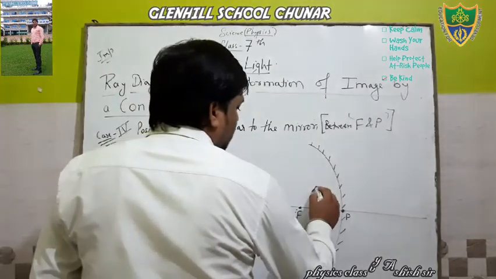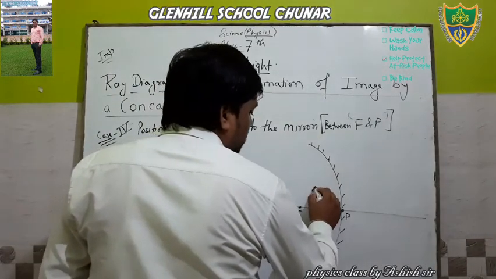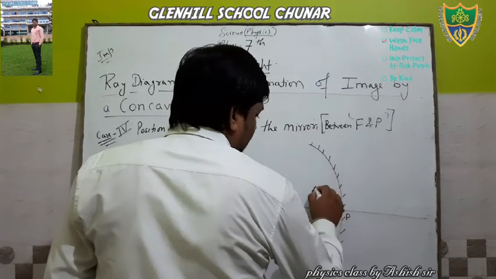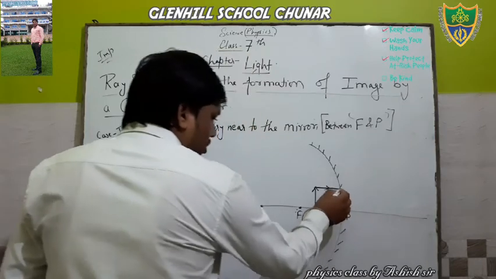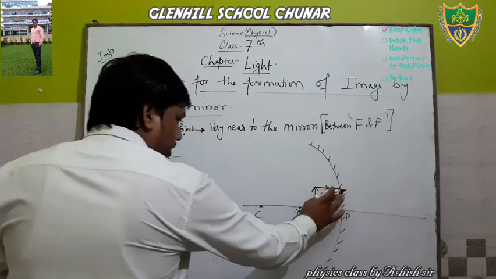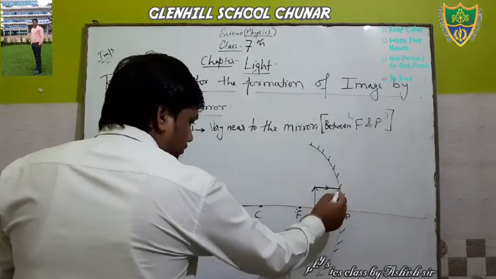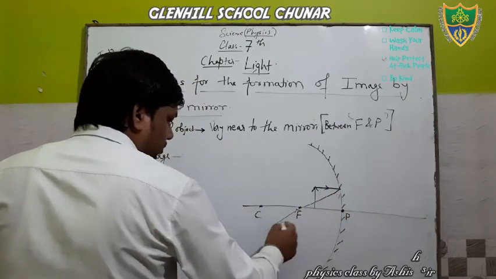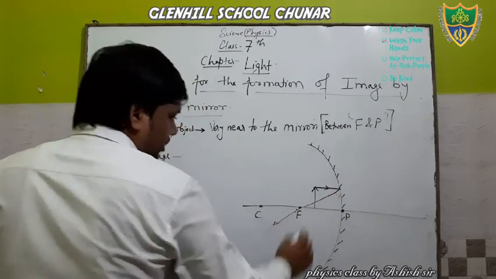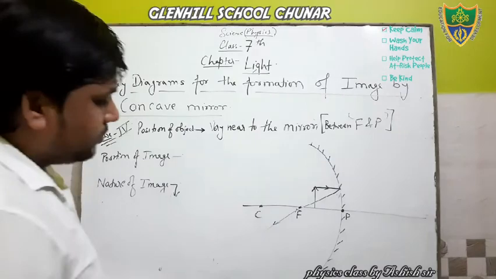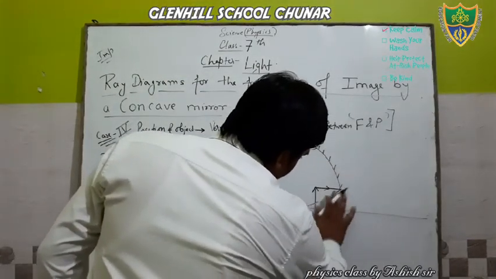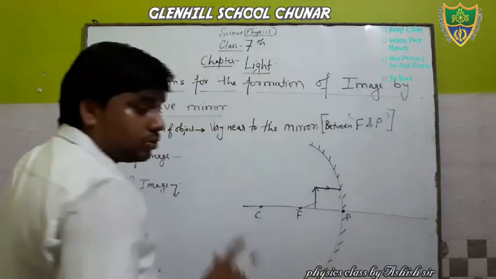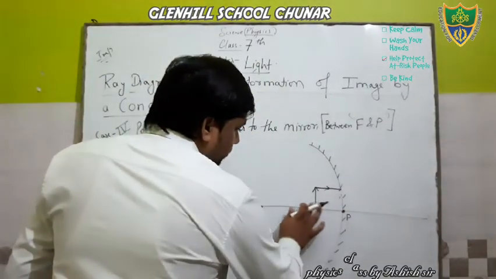Again same process. The first ray goes parallel to the principal axis from the tip of the object, and after striking the mirror and after reflection, it passes from focus. This is not a straight line, so you have to use a scale in your ray diagram.